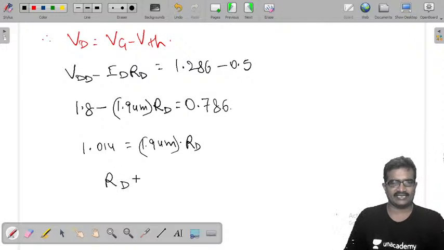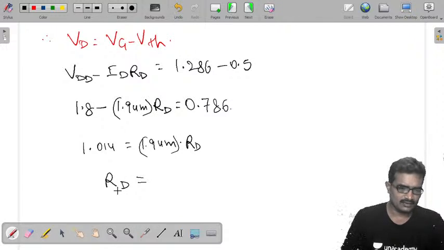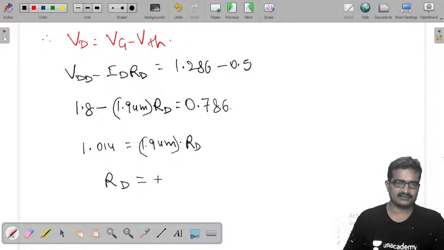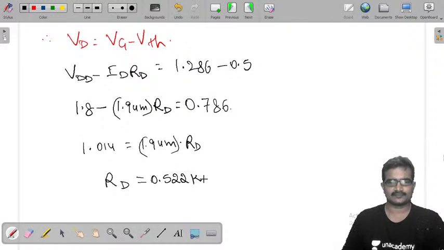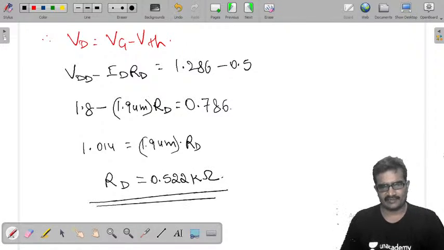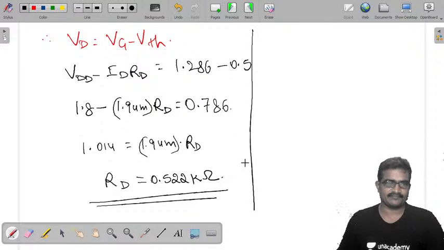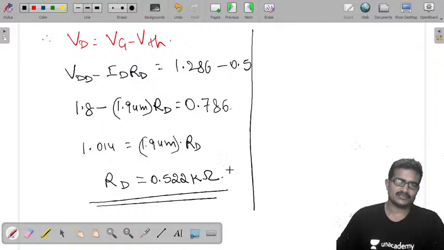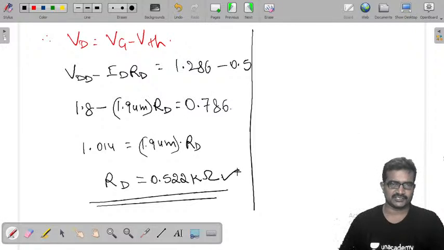Therefore RD is equal to 1.014 divided by 1.94, that is 0.522 kilo ohms. That is the RD value, the minimum value of RD actually. So the minimum RD value should be this much.